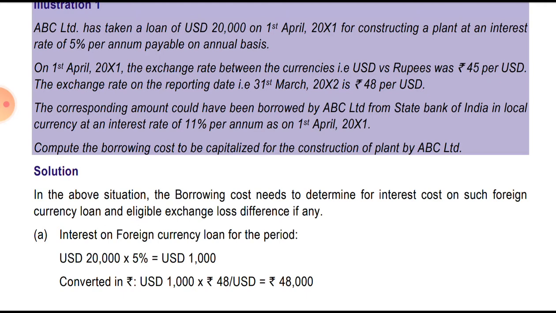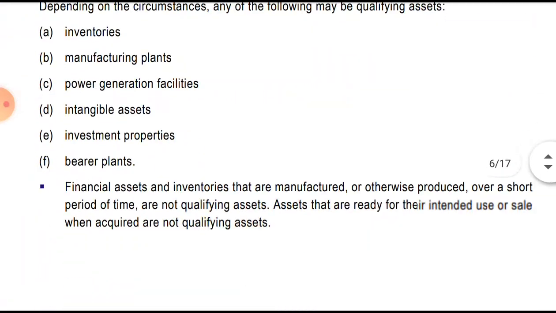Of that 60,000, 51,000 is the one which we calculated, 99,000 minus 48,000. 51,000 will be capitalized as borrowing cost, and 9,000 will be charged to the expenses, that is the profit and loss account. So we are done with this.